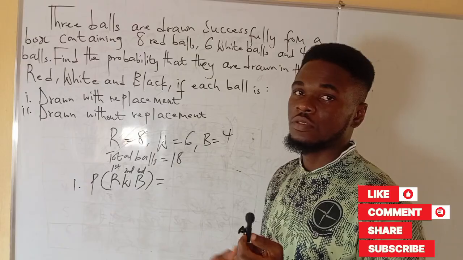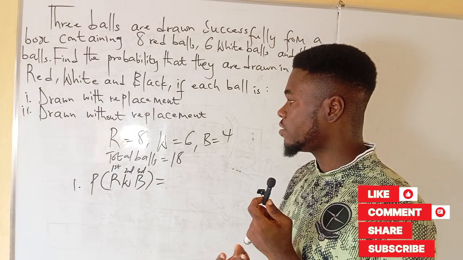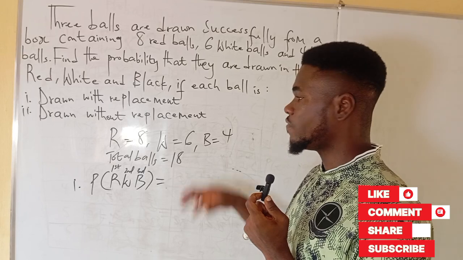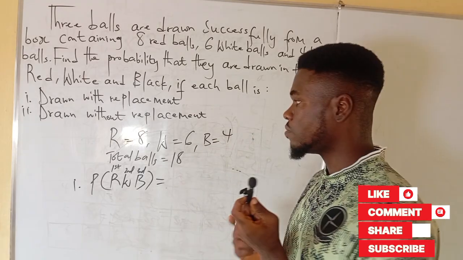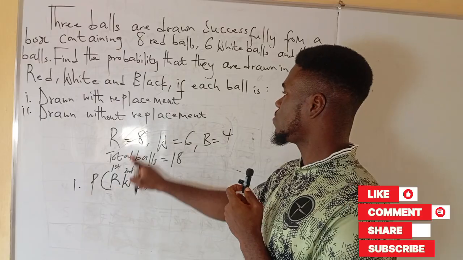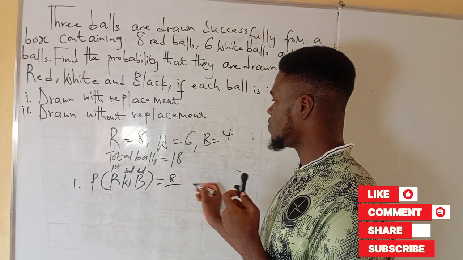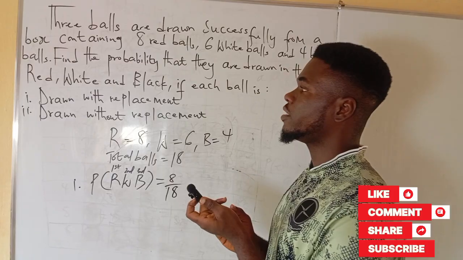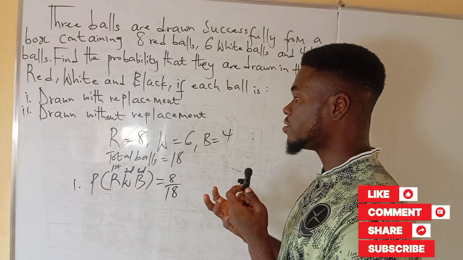Remember that probability is the required outcome over the total outcomes, or you can say the favorable events over the total events. So red, we have 8 over the total number of balls, 18. Remember that the first one we are doing with replacement.